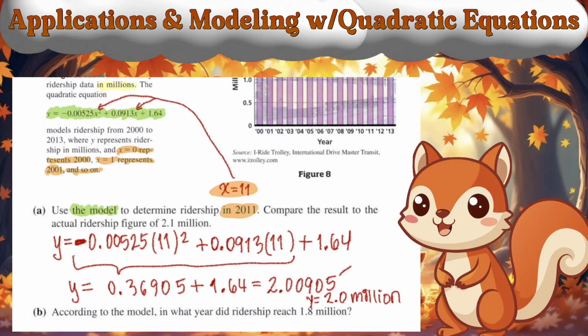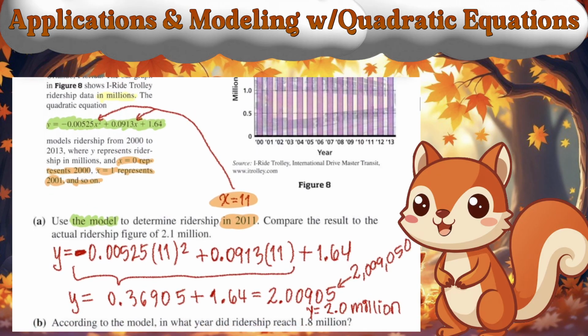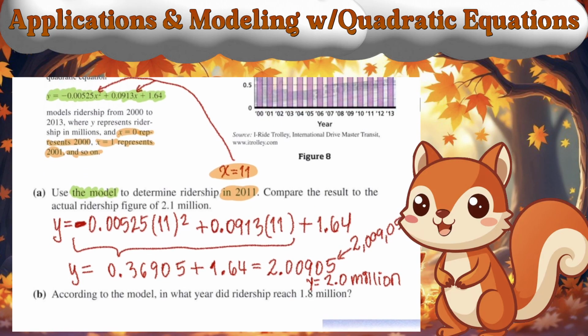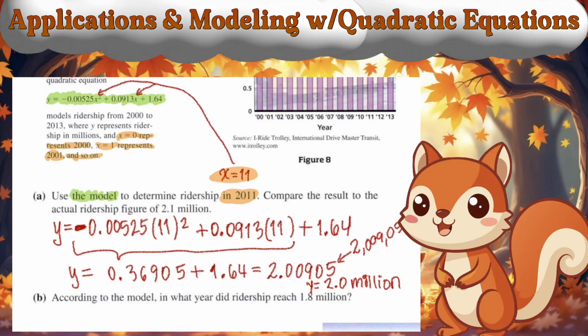But if you need to write that number out, it's 2,009,050 for the ridership. So you just move that decimal to the appropriate place to make it 2 million since it's in millions, right?